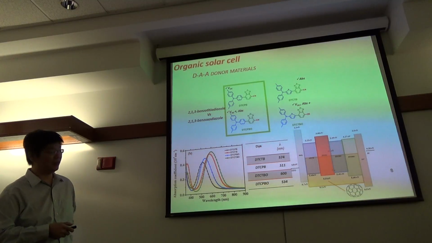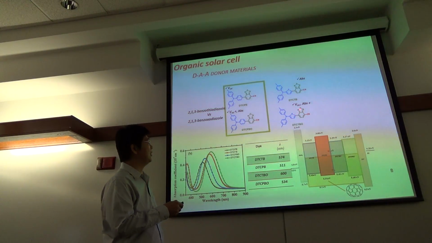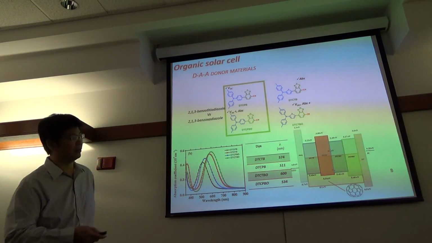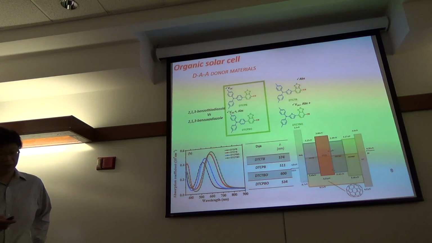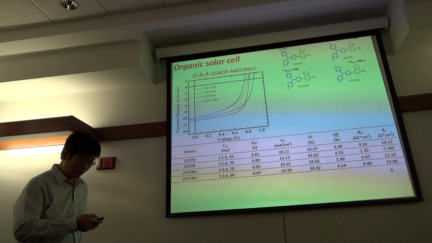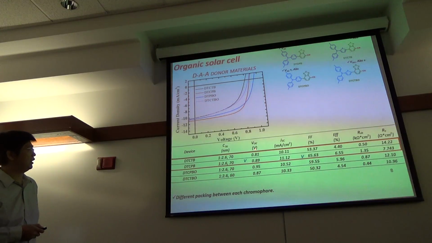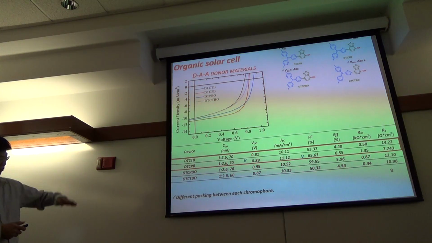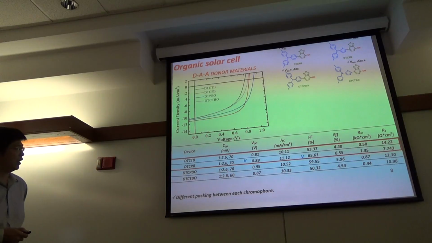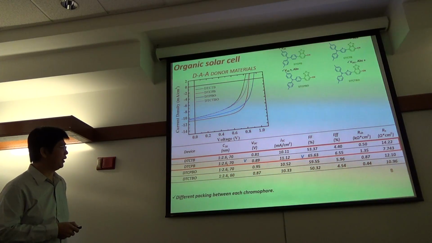So the chemists said, oh, this one, if you use the thiophene and the oxygen here, that will be the best. So we received this material and we fabricated devices, and we found, wow, yes, for the VOC, it's related to the HOMO level. Yes, this one is best.